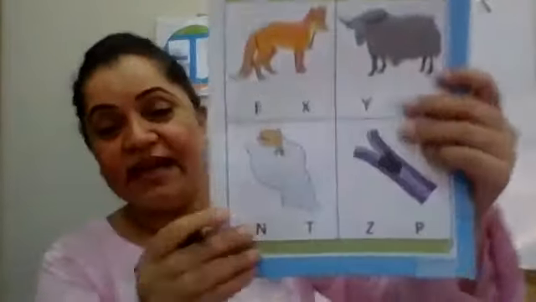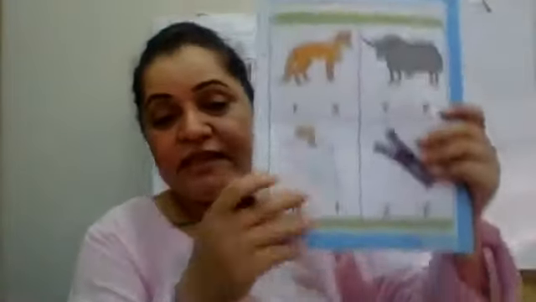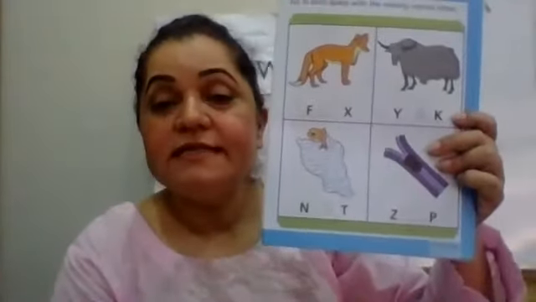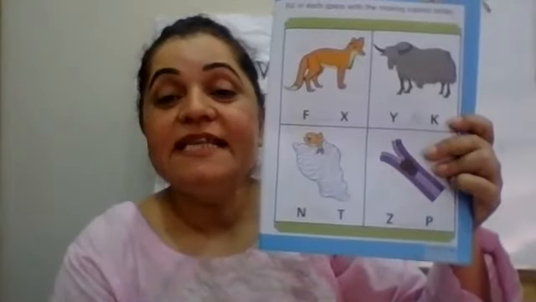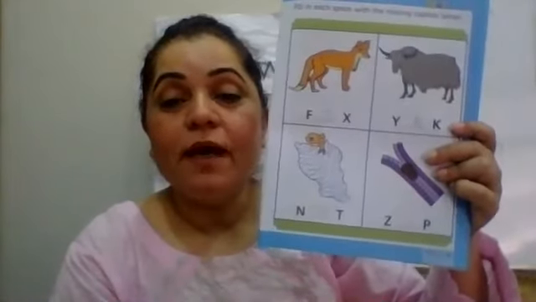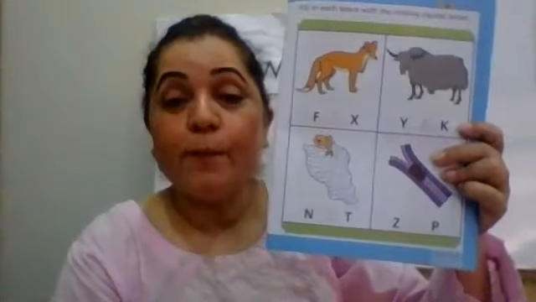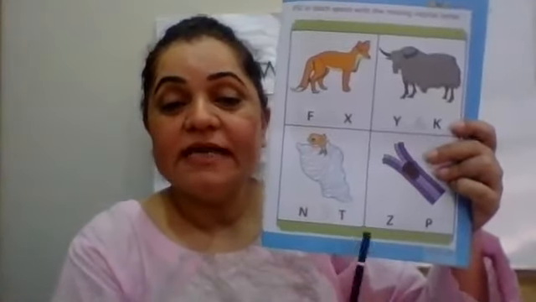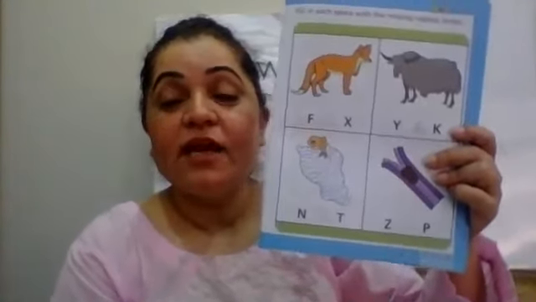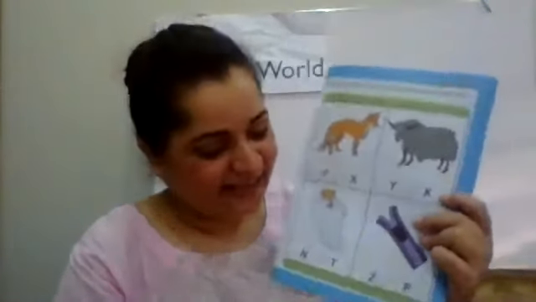Okay, net, right? That's great. Now the last is zip. Zip. Z is for zebra, Z, yes.